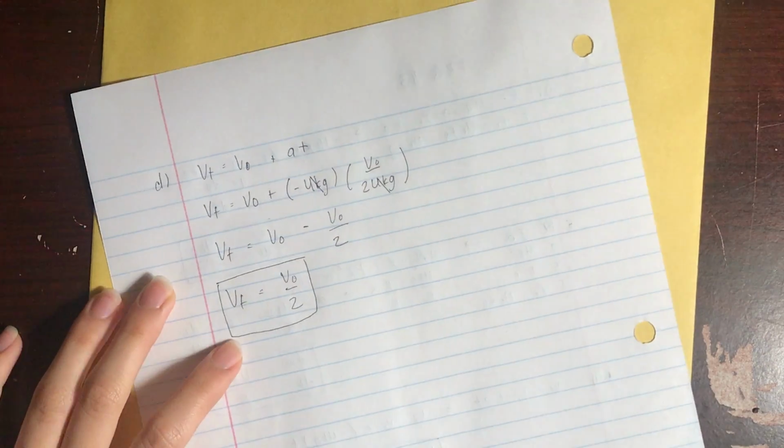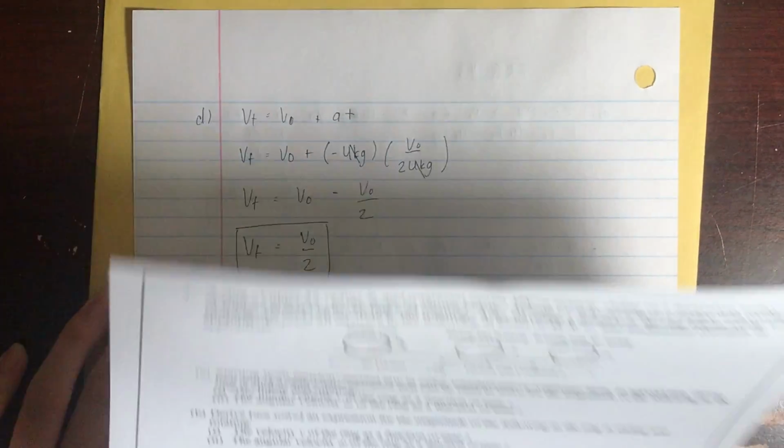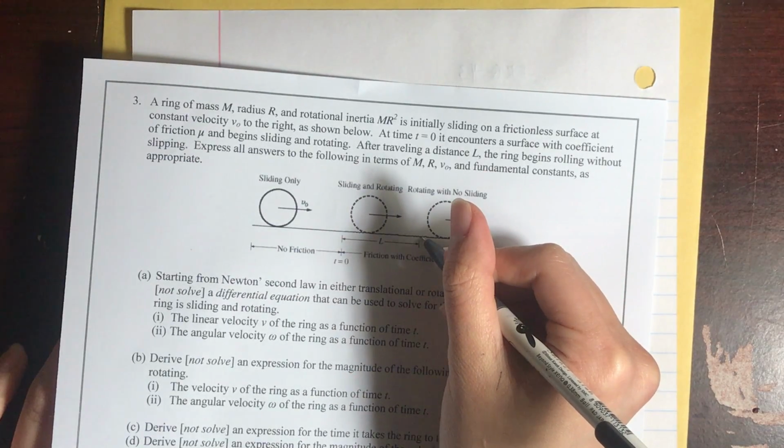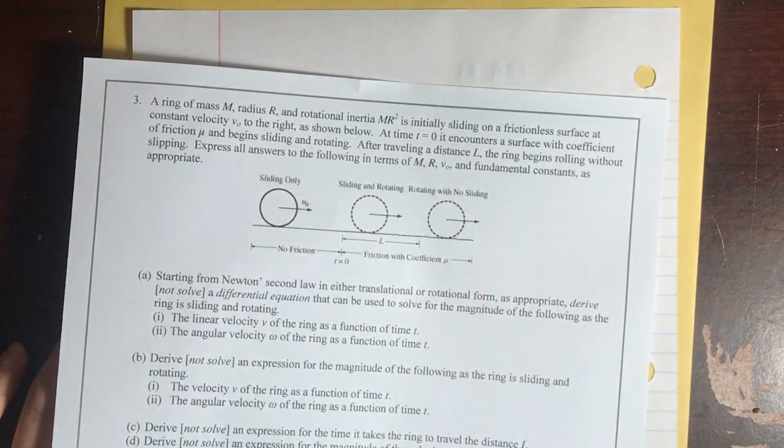So that is the velocity of the rolling object immediately after it passes the L section.